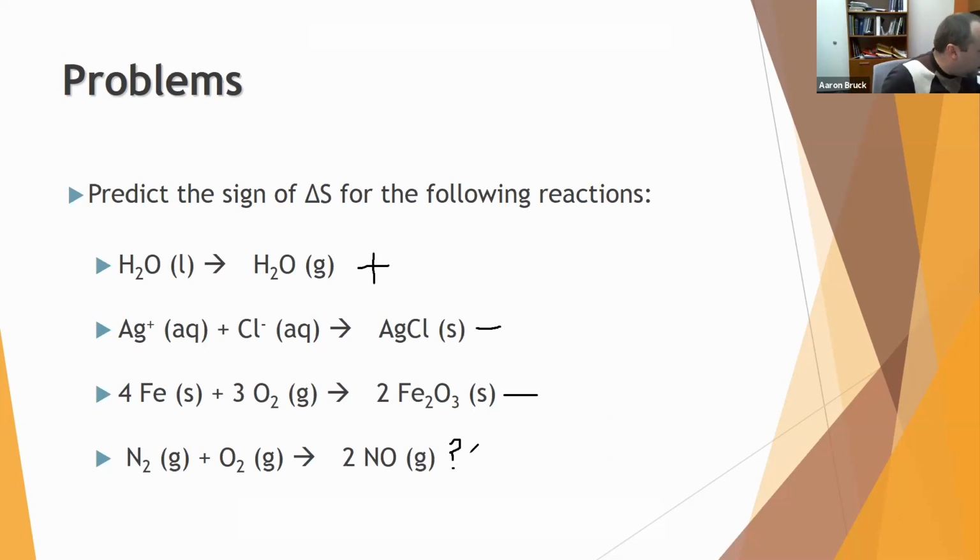Now, if we look at the standard molar entropy for nitrogen monoxide, what we would find is that it does have a positive value, and the pieces that make it, nitrogen and oxygen, actually have more combined.